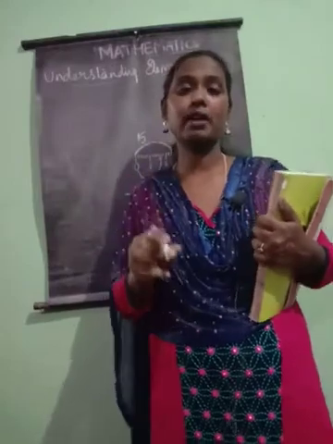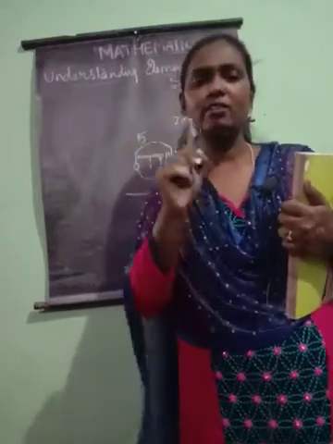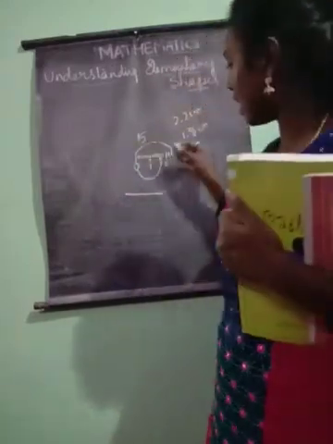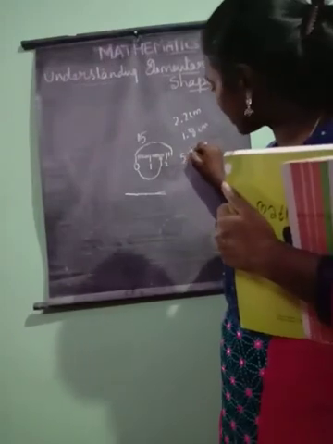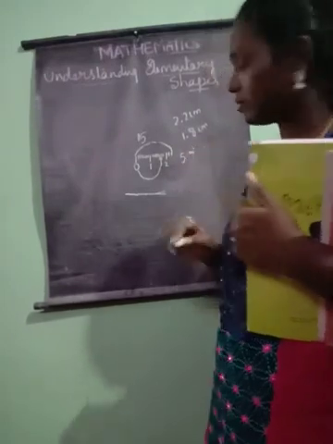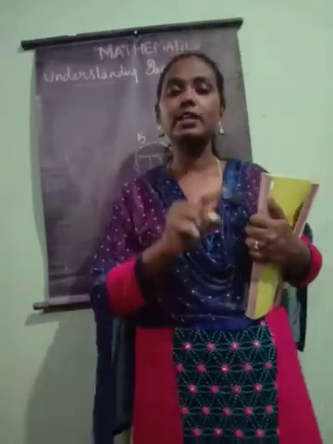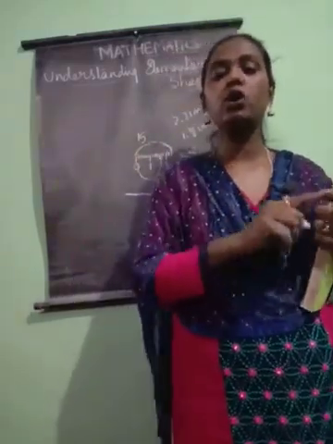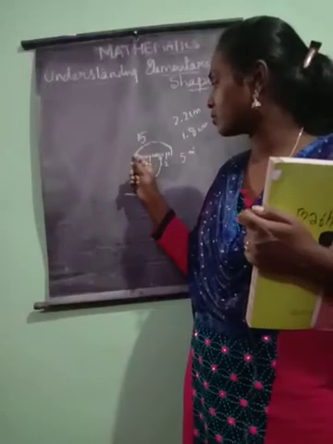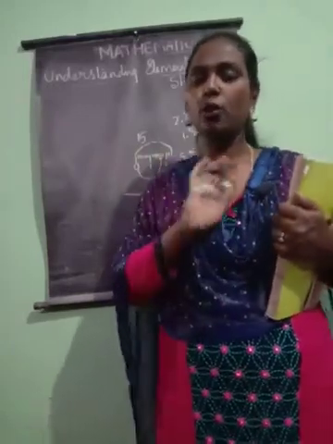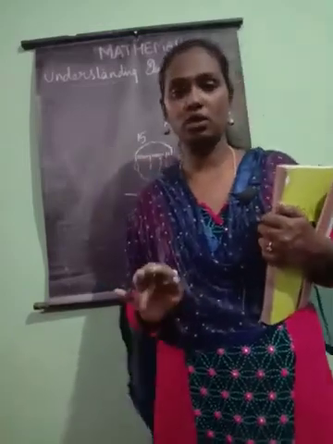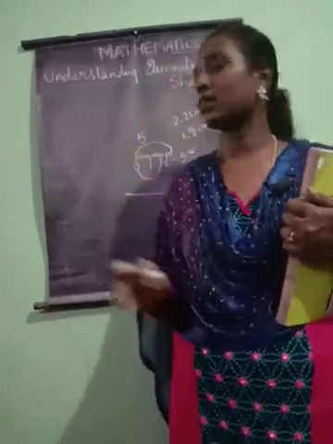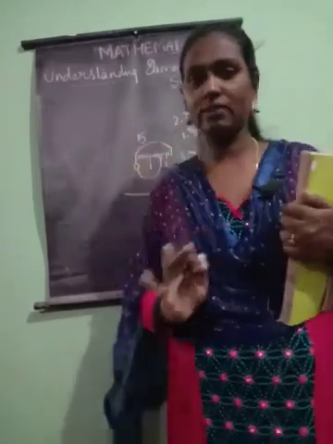If I say take 5.5 centimeters, then after 5 I need to count another 5 lines and end there. Always start from 0 only. Don't start from 1 centimeter, then your sum will be wrong.